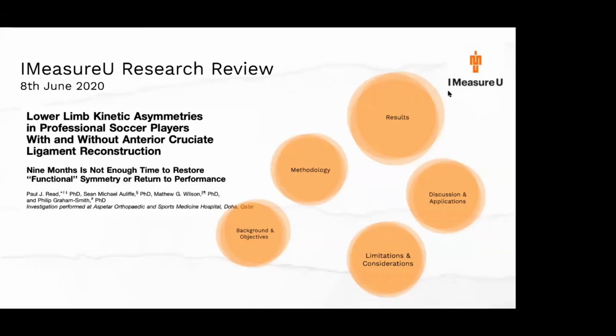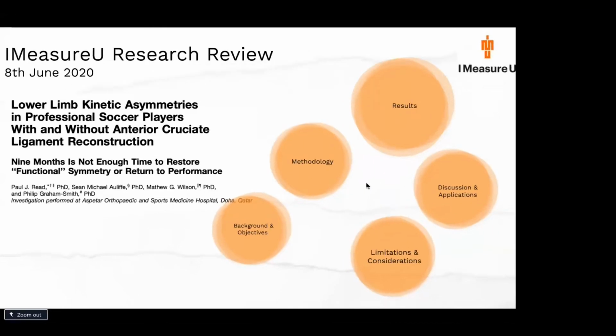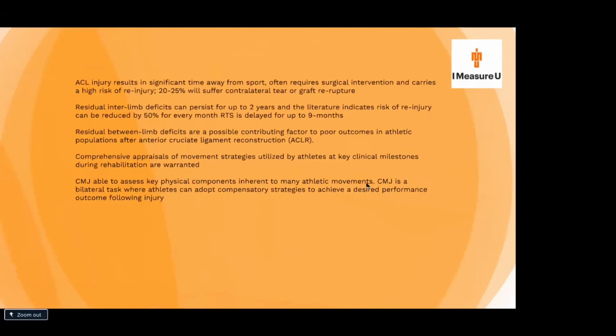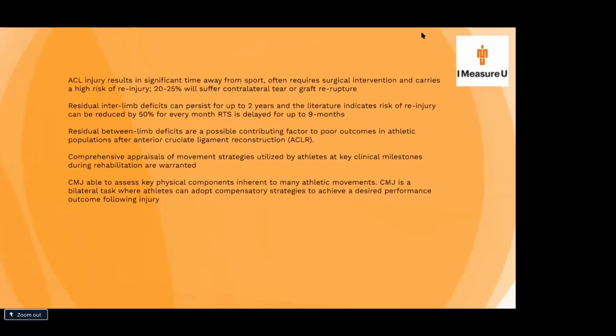So if we move into the background and objectives. As I've just alluded to, ACL injuries result in a significant time away from sport, often require surgical intervention, and probably more importantly carry a high risk of re-injury. So 20 to 25% was the number cited in this paper as those that will suffer a contralateral tear or graft re-rupture.